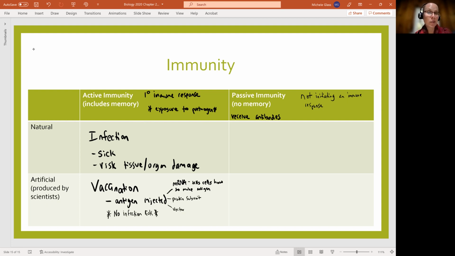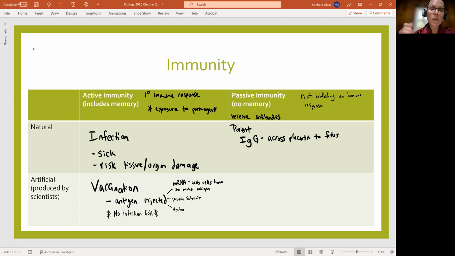If it's a natural source, then the natural source is from your parent, right? So what we see here is you can get the IgG going across the placenta to the fetus.